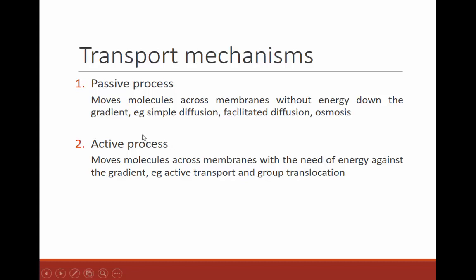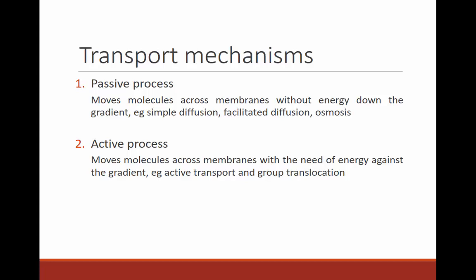So when we're talking about different types of transport mechanisms, we've got a passive process. It may be that there's a higher concentration of a substance on one side than the other side. And if it's small enough or there are the right channels, it can move down that concentration gradient with no problem. It doesn't require energy to do that.